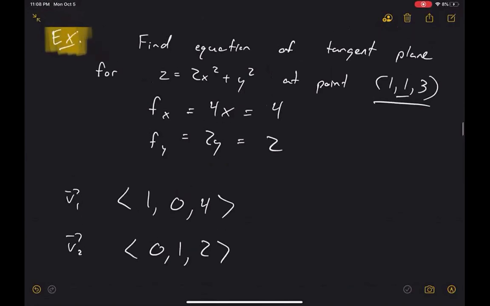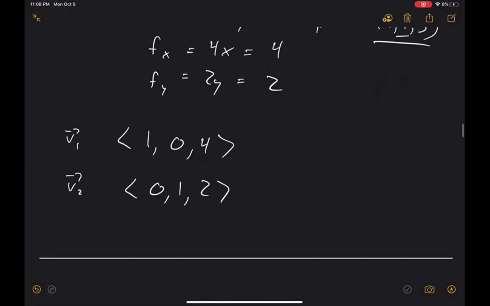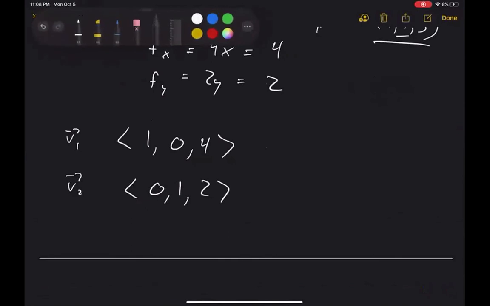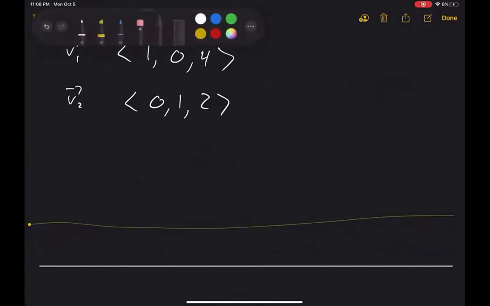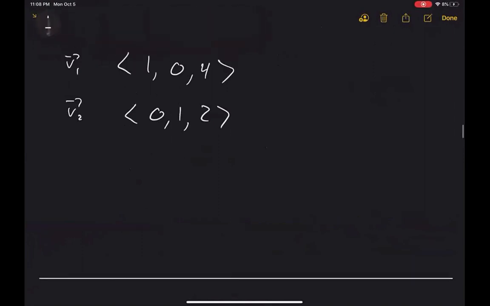Now to find my normal vector for my plane, how can I find it? Well, I take the cross product of these two. So I take my cross product. I do my i, j, k, 1, 0, 4, 0, 1, 2.